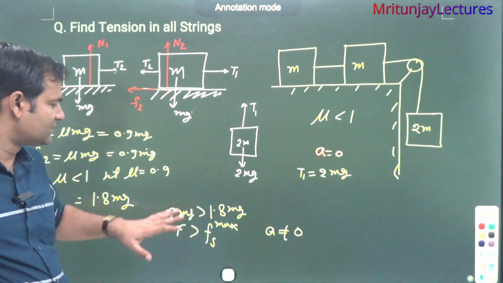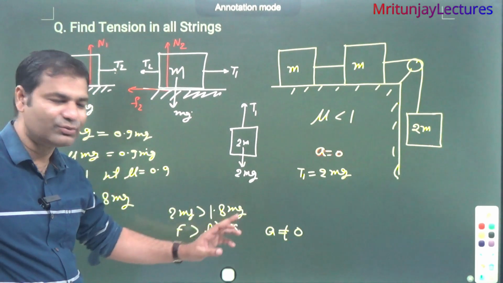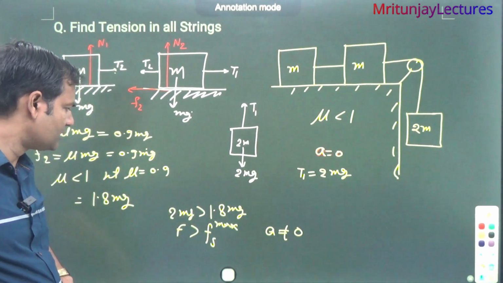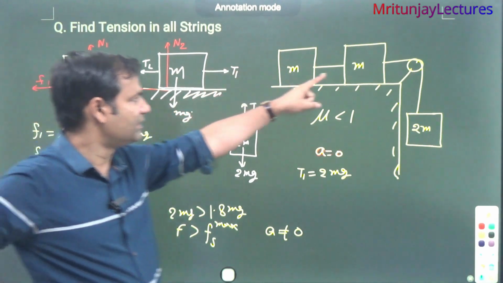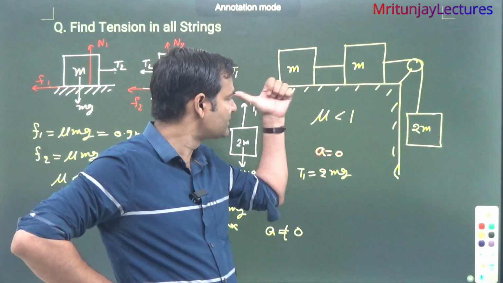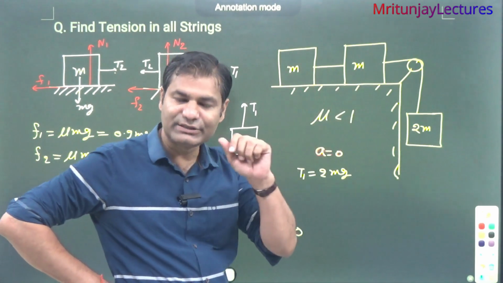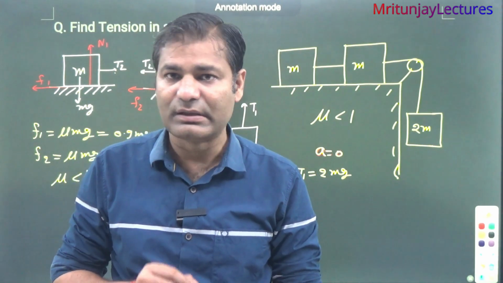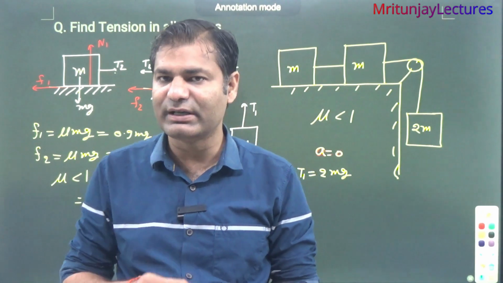We have assumed a equals 0, then we got T1 equal to 2mg. T1 is the applied force, that is 2mg, and the maximum frictional force is mu mg here plus mu mg here, that is 2 mu mg. Mu is less than 1, so if we consider 0.9 plus 0.9, that is 1.8.